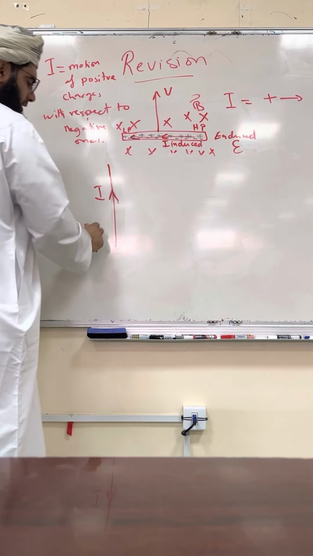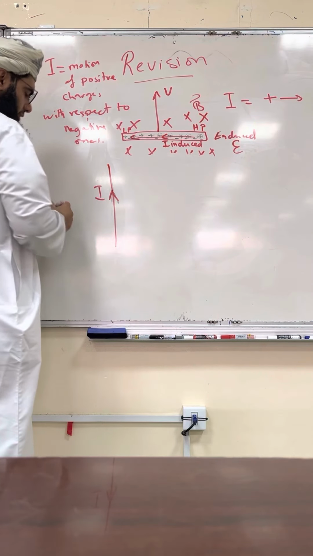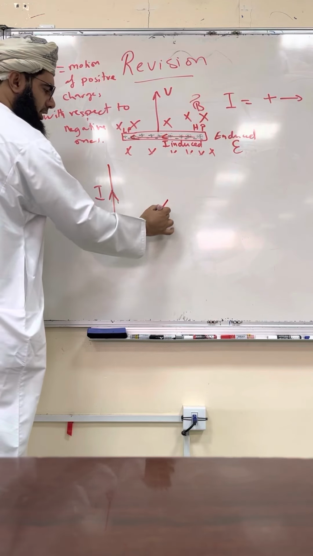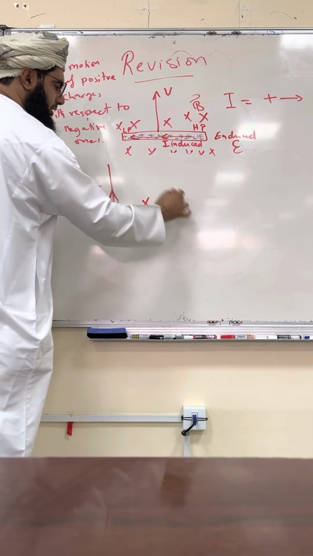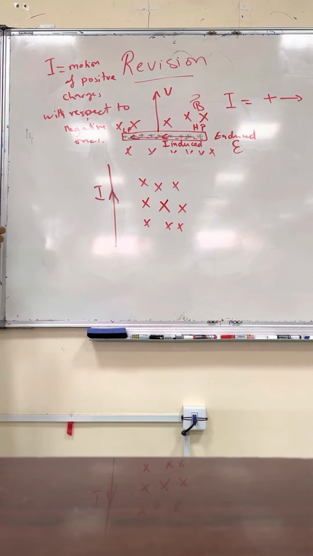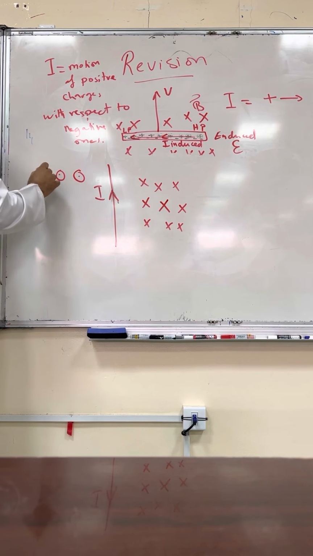This current-carrying wire will produce a magnetic field. Since the current is going up, the magnetic field is going inside in this whole area on the right, and on the left part it will be coming out, as you know from before.